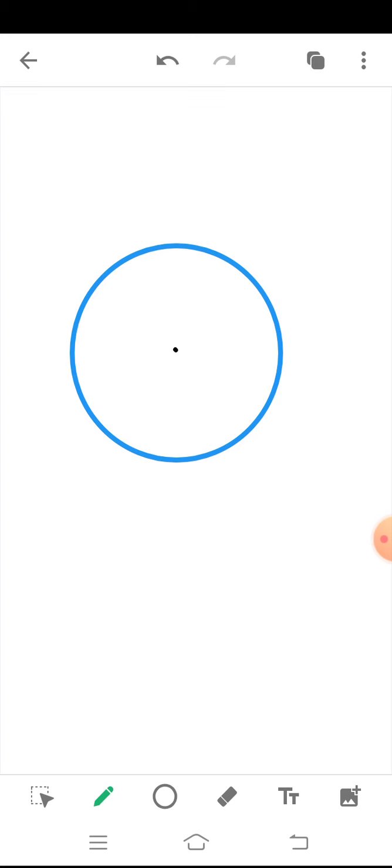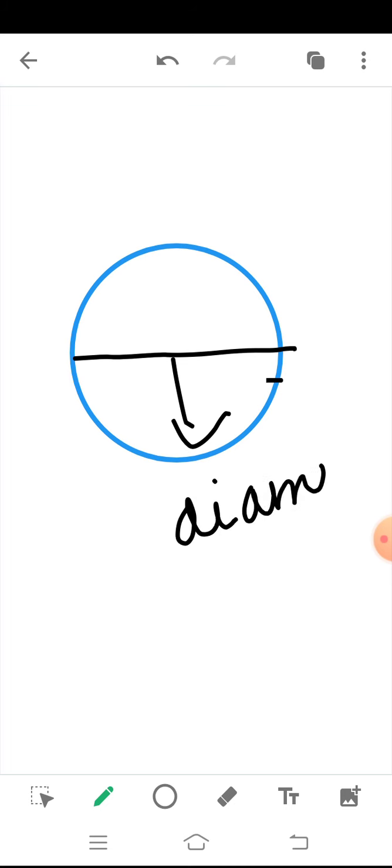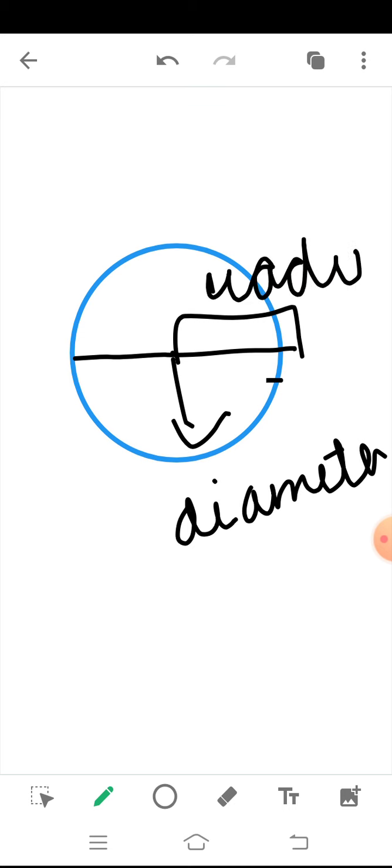So this is known as the center of a circle, and I'm giving you a quick recap of all the things. This is known as a diameter. This part, half of it, is known as a radius, and this is known as a chord.